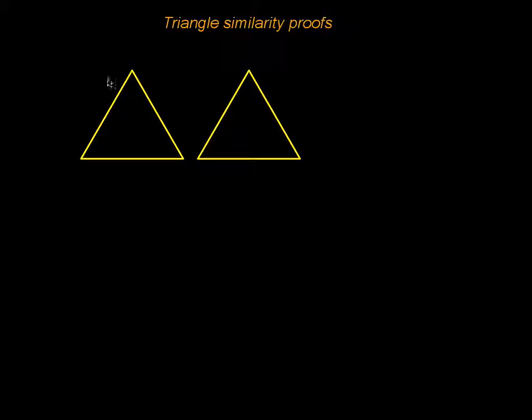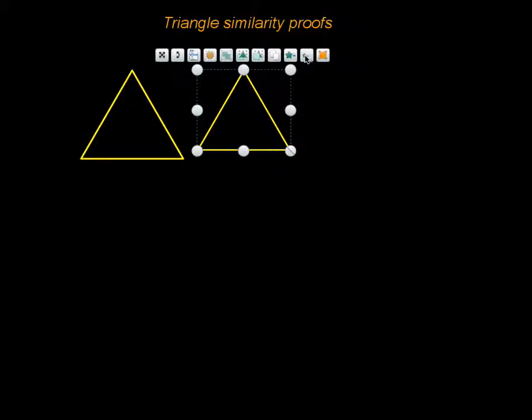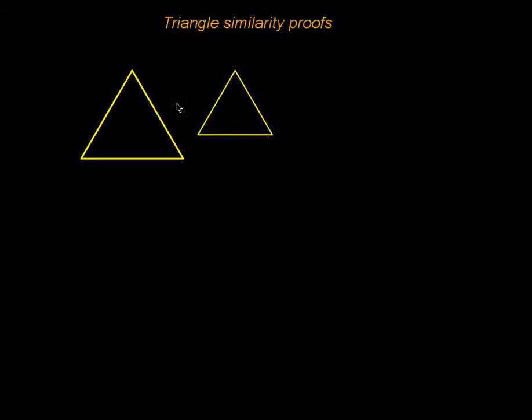Now what I've constructed is two triangles which are exactly the same. Now if I decrement the size proportionately with that tool there, I have this triangle here.